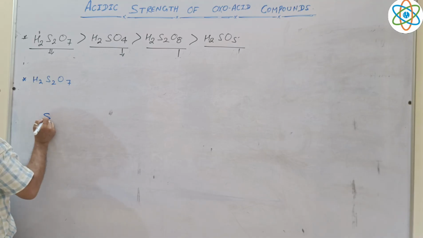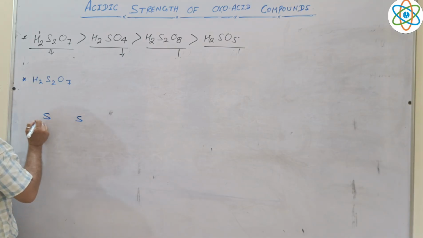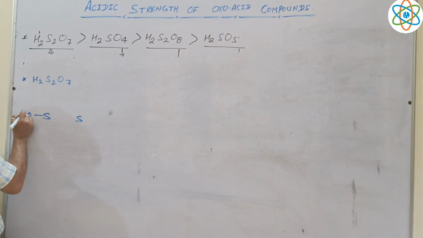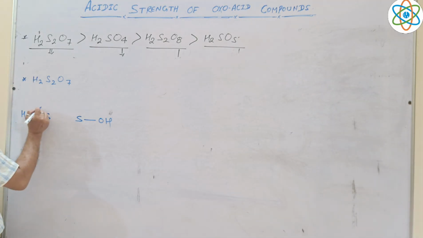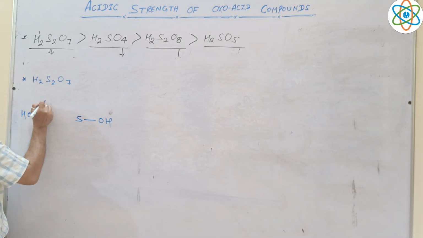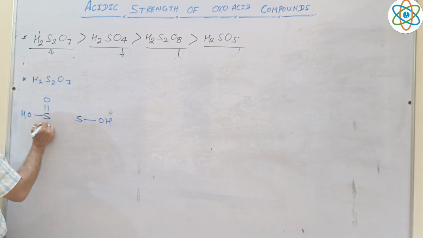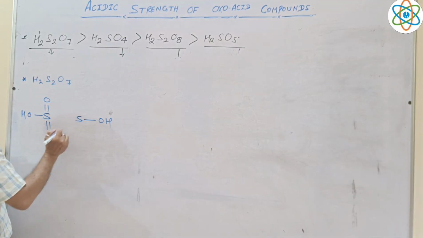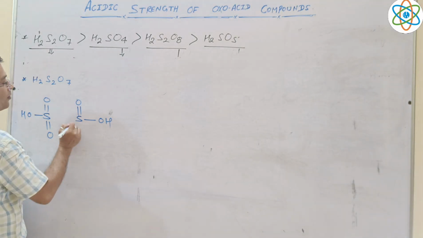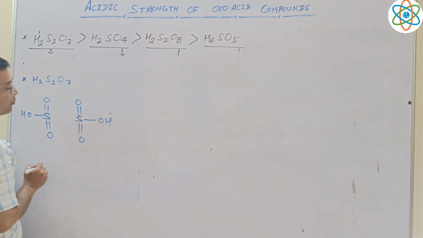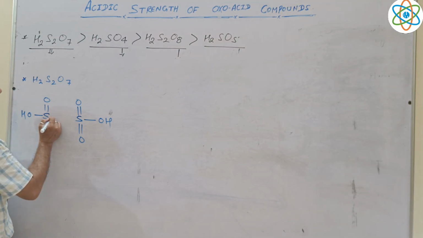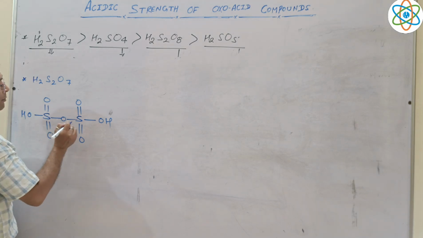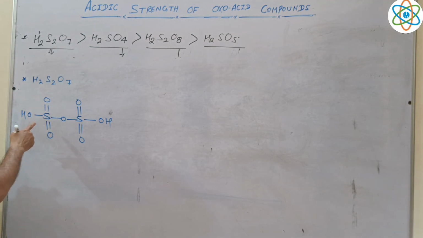Then here this is the sulfur, here OH, this is also OH. And now one oxygen atom is attached with a double covalent bond, another here also with a double covalent bond, and the remaining oxygen atom is in between these. Means here is no peroxide linkage.